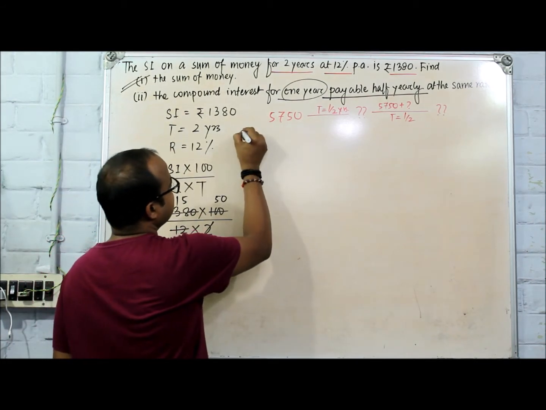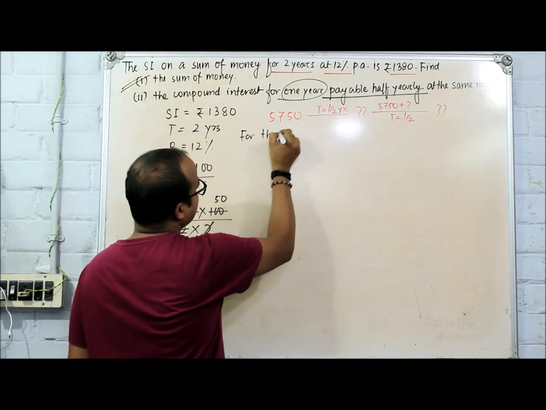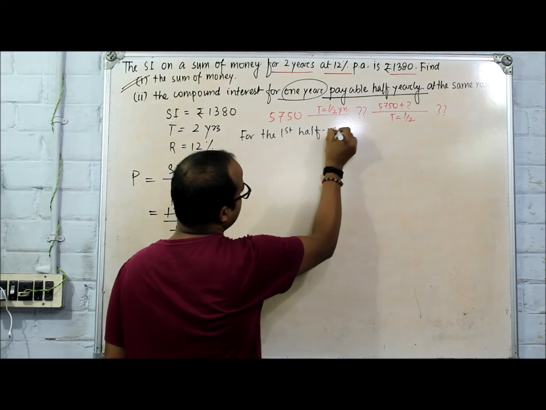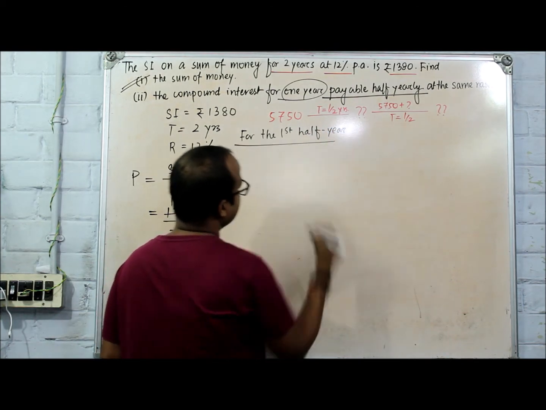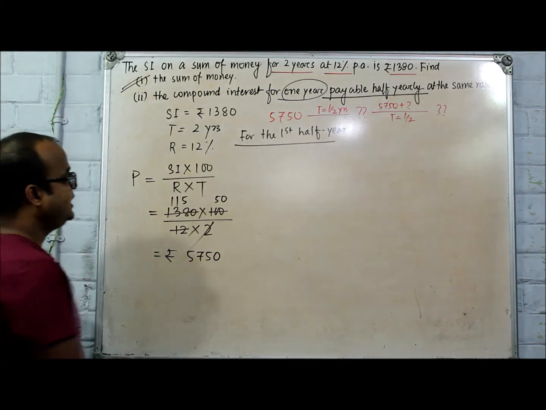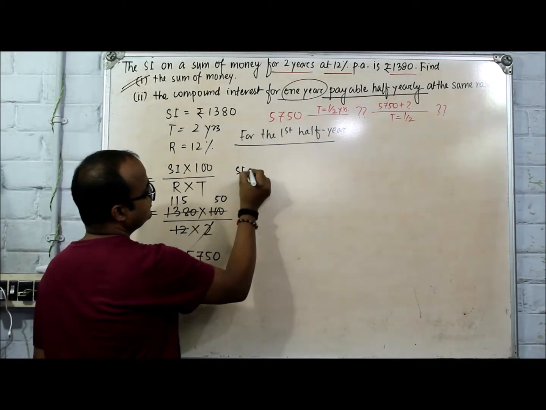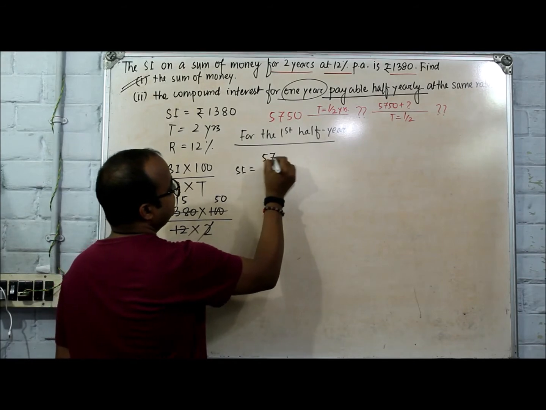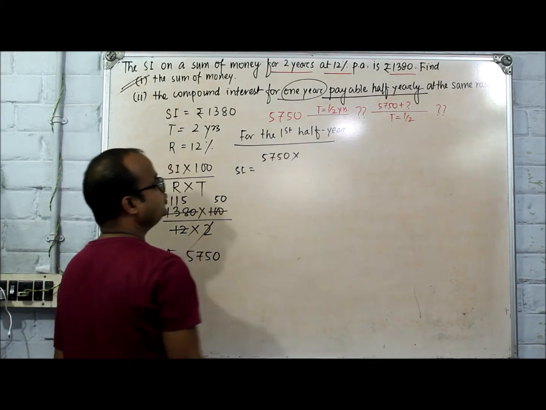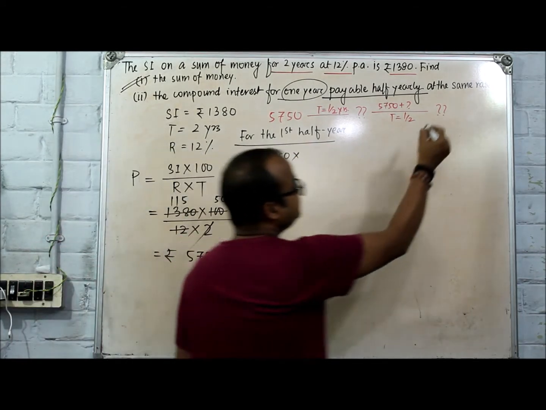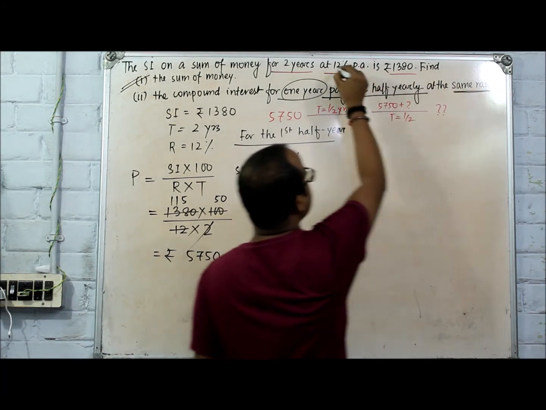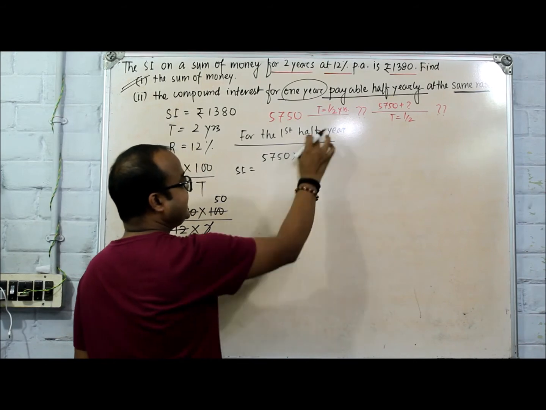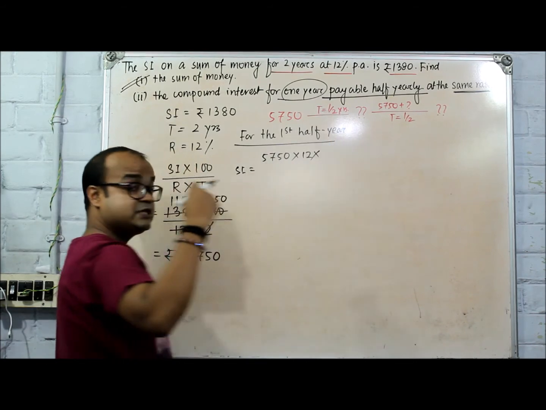So for the first half year, SI is equal to 5750 into, at the same rate, so rate is given as 12%, time is for the 6 months.